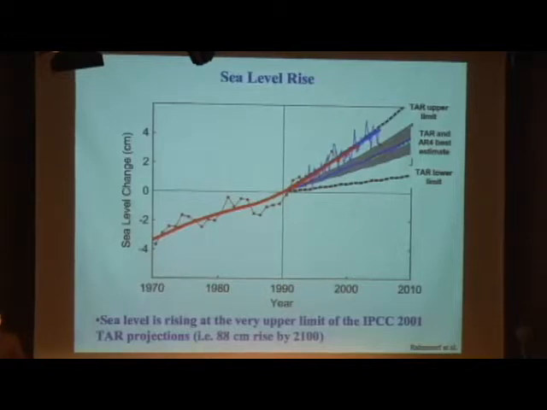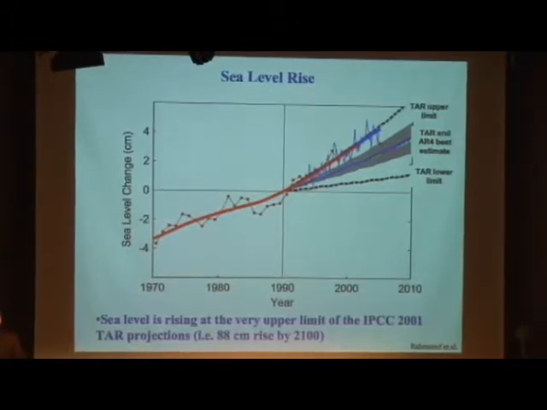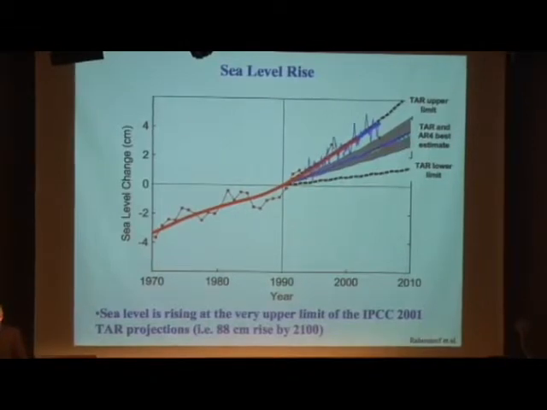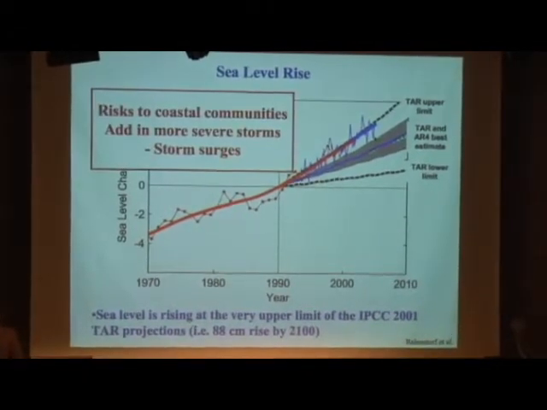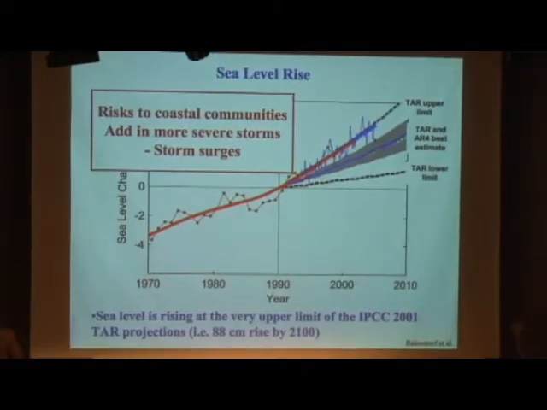The sea level has been rising for the last decade or more at a rate which was on the upper edge of what we thought would have been possible. So in other words, we're going into the worst of the scenarios in terms of sea level rise. This, with the addition of the fact that storms in the future will be more intense, leads us to concerns about storm surges affecting coastal communities.